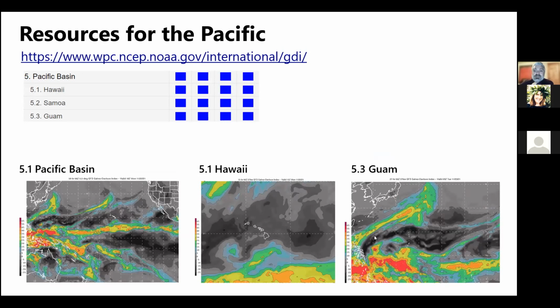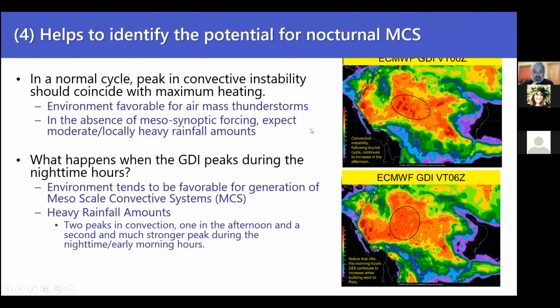Okay, and Jose, something that I would like to add to your presentation: one of the biggest challenges that we have in tropical weather forecasting is that the tropical atmosphere tends to be more unstable following convective development than prior to the convection.